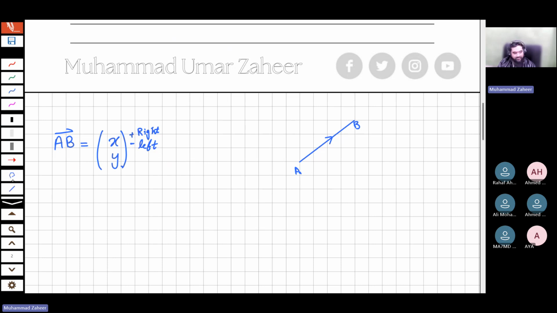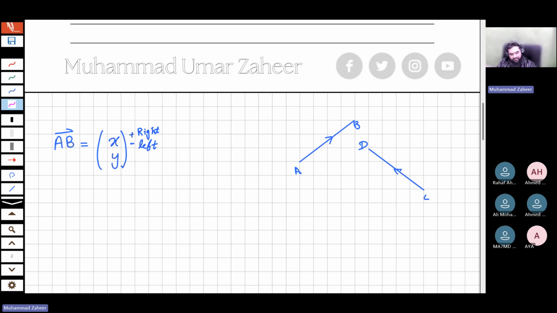For example, let's say these are vectors C to D. This is the vector. So we are going to show the direction.